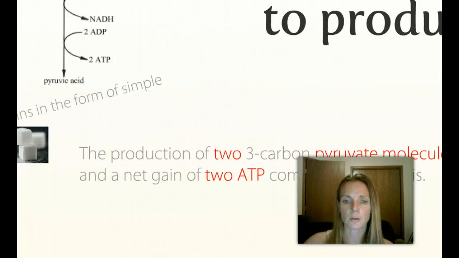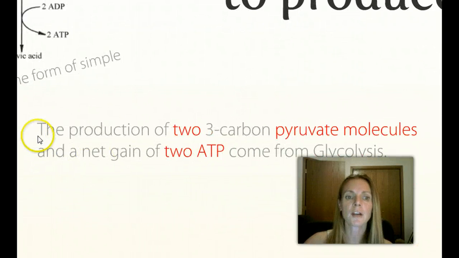All right, so here you go. You see that again. The production of 2 3-carbon pyruvate molecules, which comes into play when we talk about the Krebs cycle, and a net gain of 2 ATP come from glycolysis, along with NADH, okay? So that's very important. I want you guys to know that for your test. Hint, hint, hint. Know what glycolysis produces, okay?